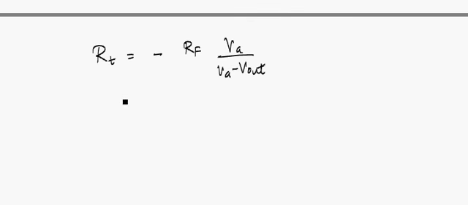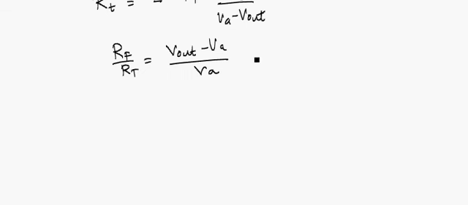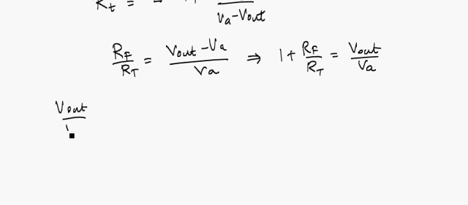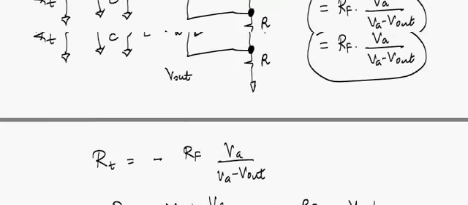So that basically means that RF by RT is equal to V out minus VA by VA. So 1 plus RF by RT is equal to V out by VA. So what is V out by VA? You can go back here.